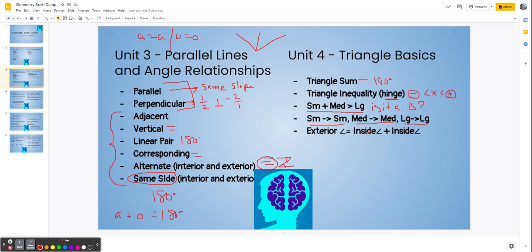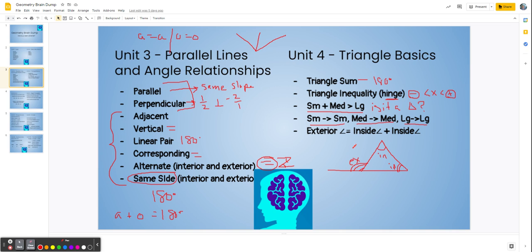Exterior angle equals inside angle plus inside angle. Ah, I know what I meant by that. That's the exterior angle theorem. So this exterior angle is the sum of this interior angle and this interior angle. I should make 3 loops here because all 3 of those things can be different.